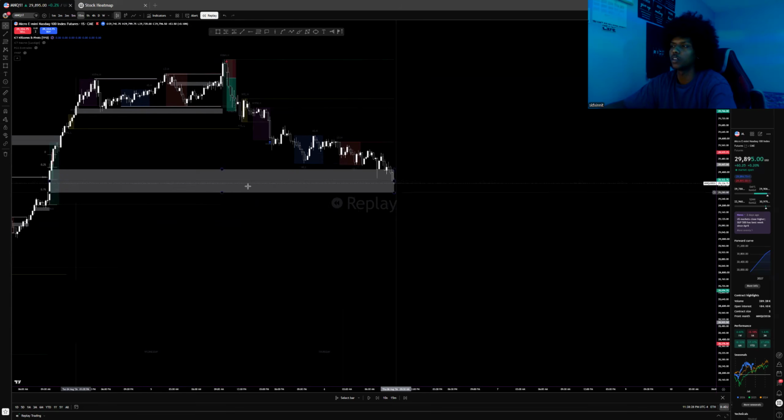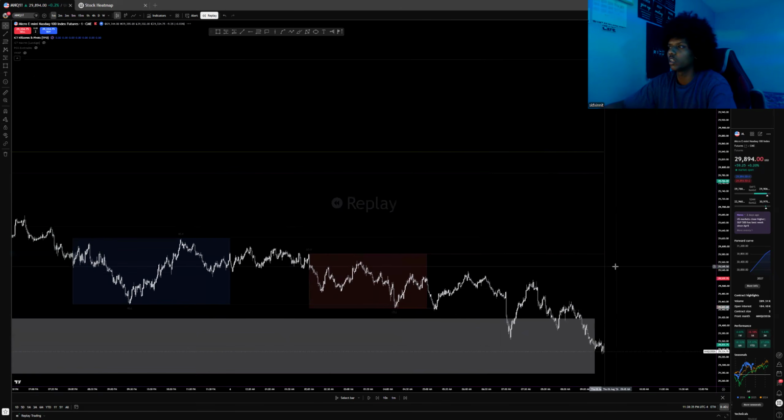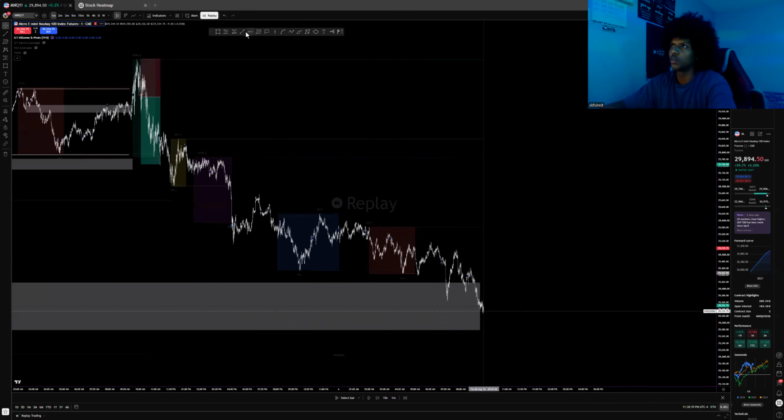So I'm expecting this price to hold this fair value gap. Obviously, when you go to the 1 minute time frame, we got a lot of resting liquidity above, and most probably I want the price to run to them. We'll see.